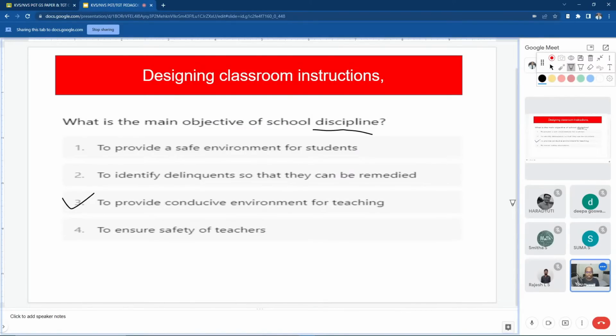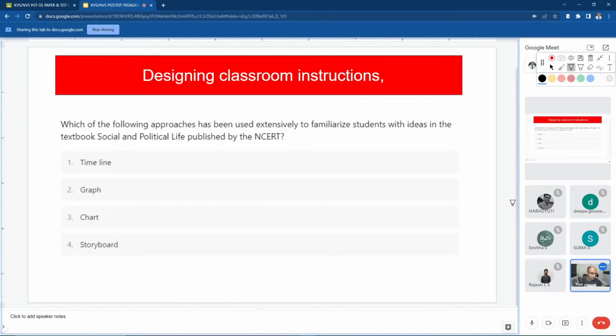If you can make the students sit silently, automatically whatever you teach will become Bible, Quran, Bhagavad Gita to students. So that is what we are supposed to do before we start teaching. But that is not so easy also. Next question to Deepa ma'am.